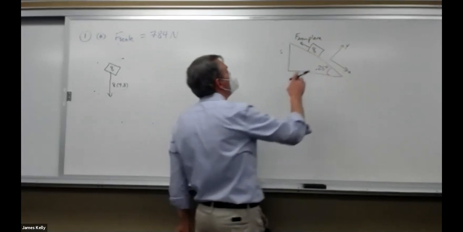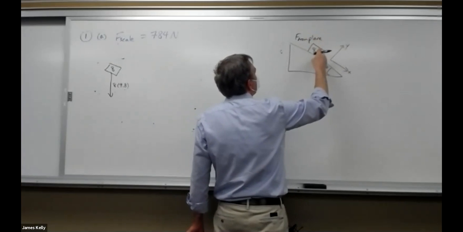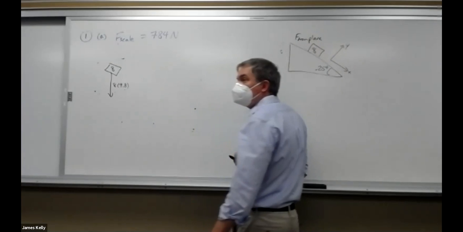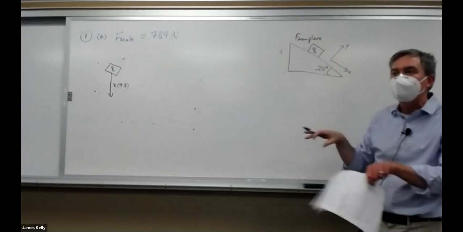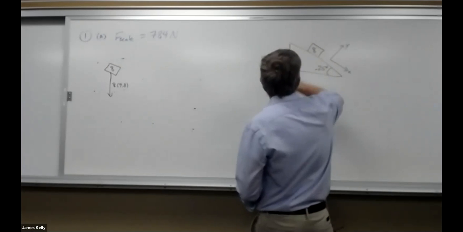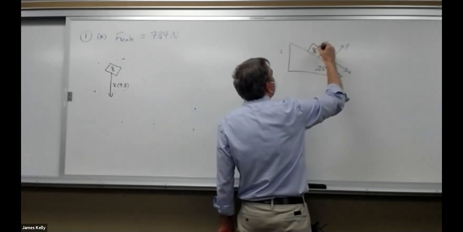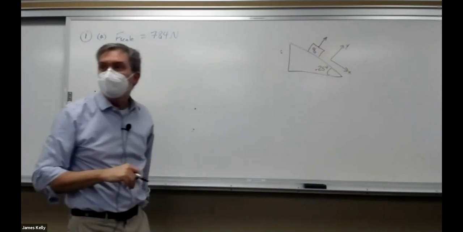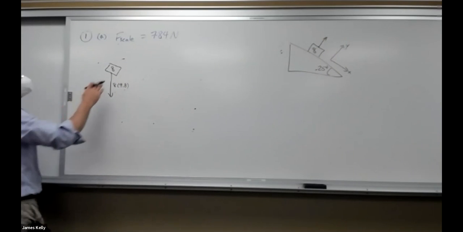So the statement that this is a frictionless plane means whatever force the plane is exerting on this box cannot have any x component, because that would slow it down, or even weirder, it might speed it up, but there's no reason to imagine the plane is giving it some extra energy or acting like a motor. So when it's frictionless, the plane only exerts a force on that box in the direction perpendicular to the plane. Any component parallel would act kind of like friction.